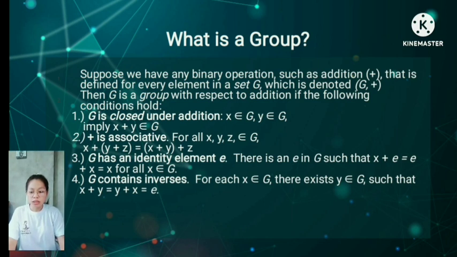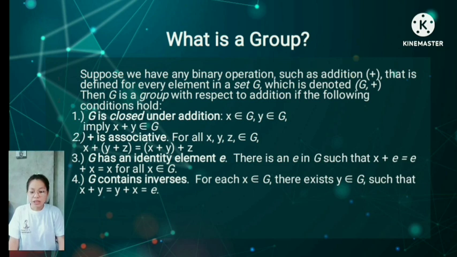Number 1, G is closed under addition: x and y in G implies x + y is in G. Number 2, + is associative: for all x, y, z in G, x + (y + z) = (x + y) + z.